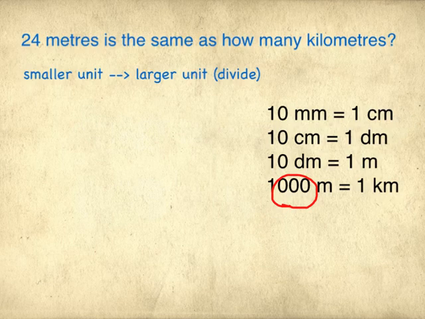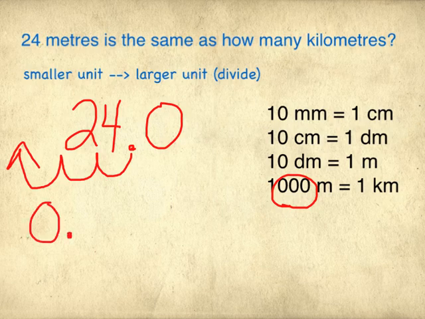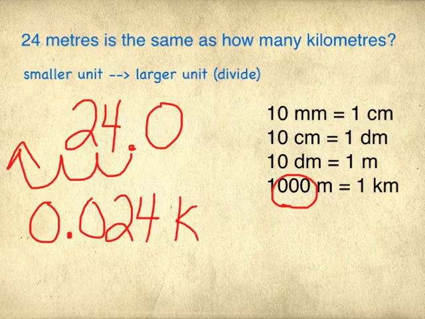So we can write the number 24, and we know that after every whole number, there is a decimal zero. Now, again, we have to consider that we are jumping over 3 zeros to get to 1 meter. So I could take my decimal point, and I can make it jump to divide, and the decimal is moving 3 to the left, so that the answer would be 0.024 kilometers.